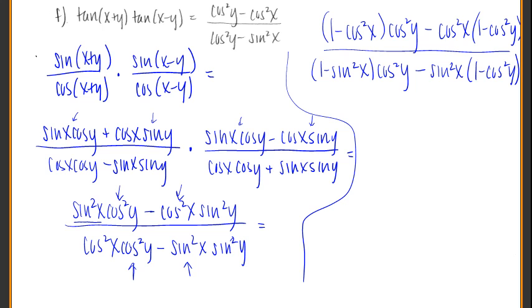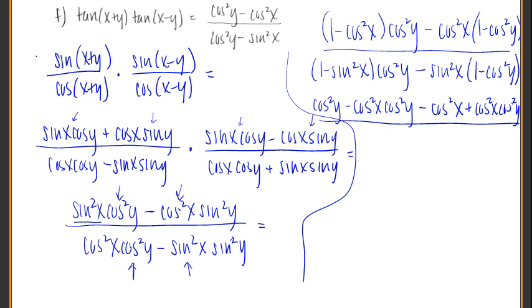So cosine squared y minus cosine squared x cosine squared y, minus cosine squared x plus cosine squared x cosine squared y, all over, and then here's my denominator. I have cosine squared y minus sine squared x cosine squared y, minus sine squared x plus sine squared x cosine squared y. So hopefully y'all can follow me here a little bit.